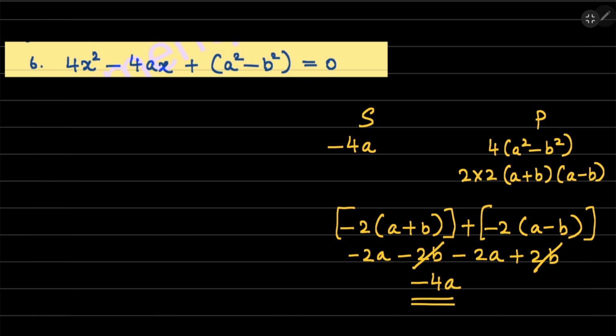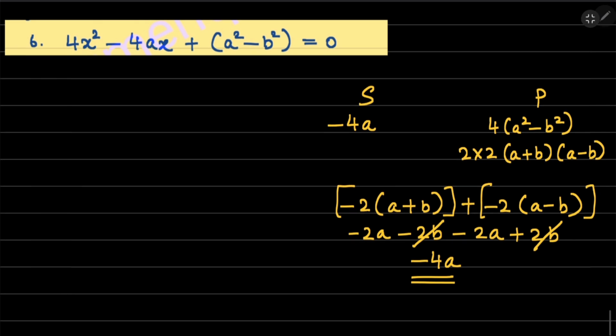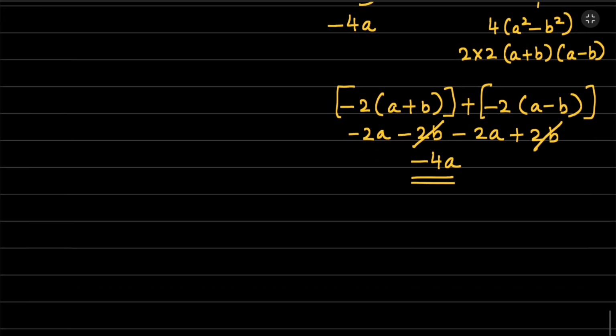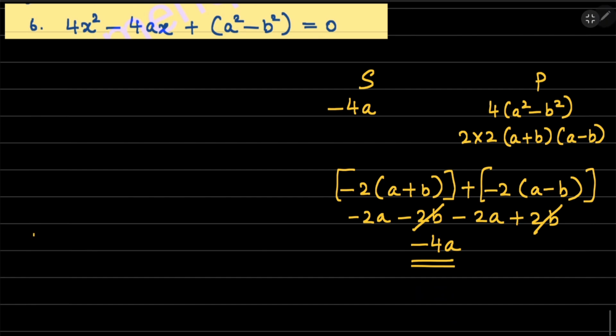That is your sum. So in order to split the middle term, that is minus 4ax, these are the two values: minus 2 into a plus b, minus 2 into a minus b. This is the most important part. Now let's go ahead and do it. The question is 4x square minus 4ax plus a square minus b square equal to 0.